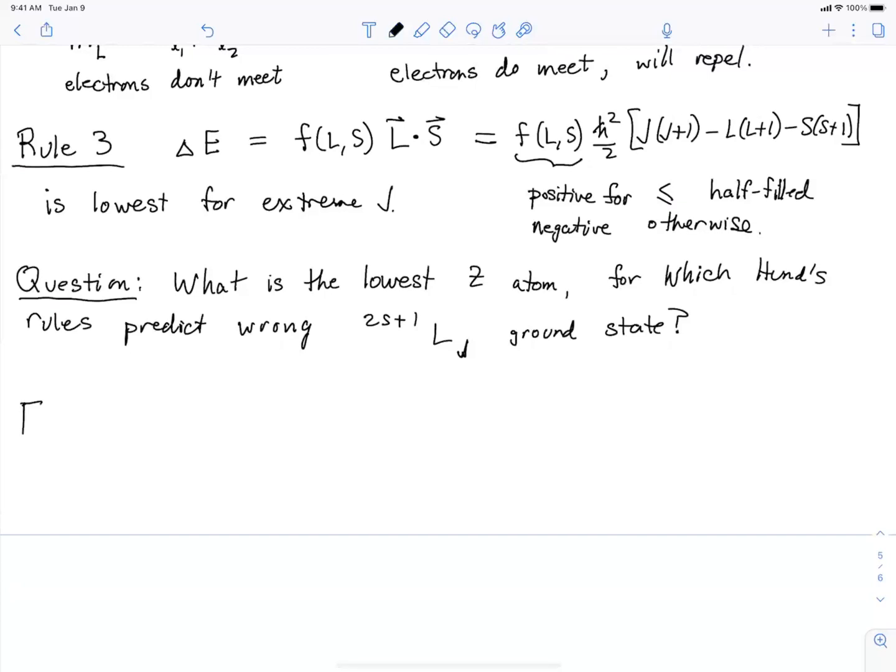So there's an alternative scheme to Russell-Saunders, which is often used for larger Z, larger atomic number. This is called the JJ coupling scheme.